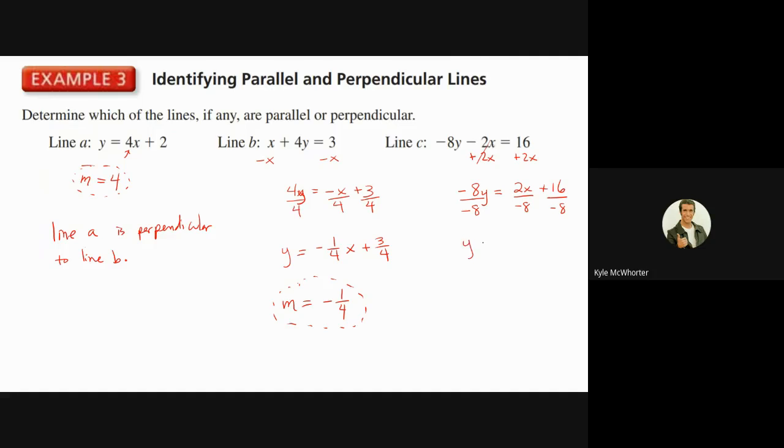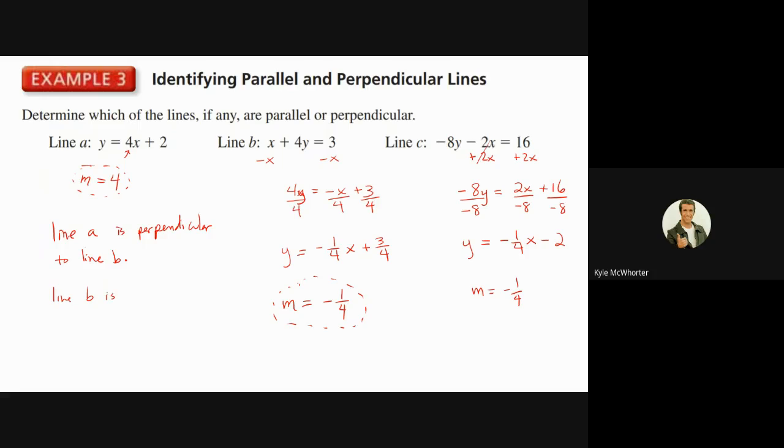And I'm going to get y equals, so 2 over negative 8, that'll actually reduce to negative 1/4. 16 divided by negative 8 is negative 2. So this one has a slope of negative 1/4.